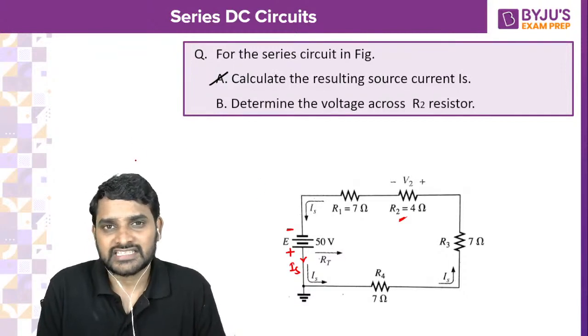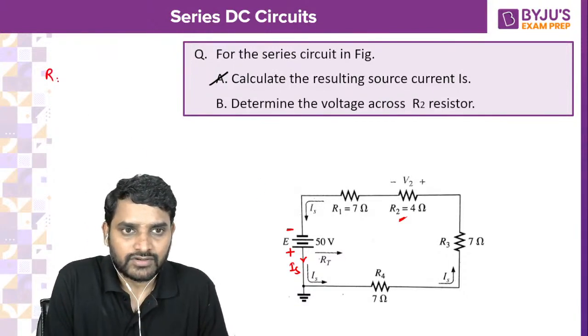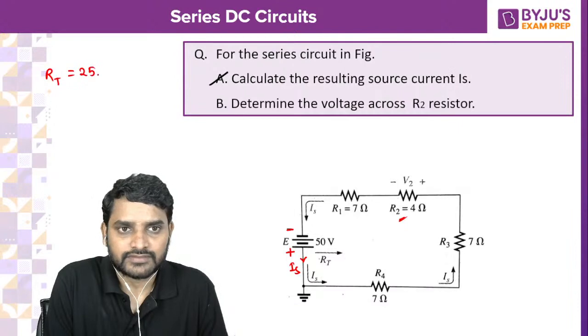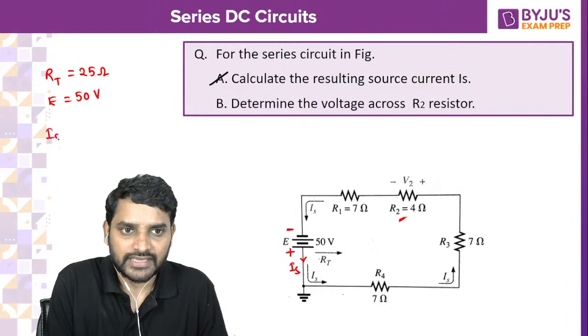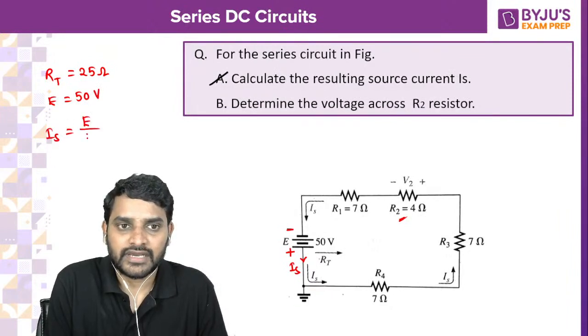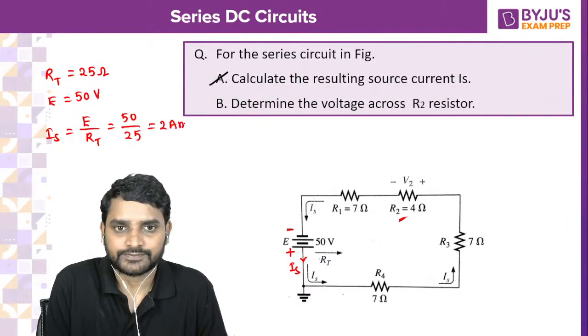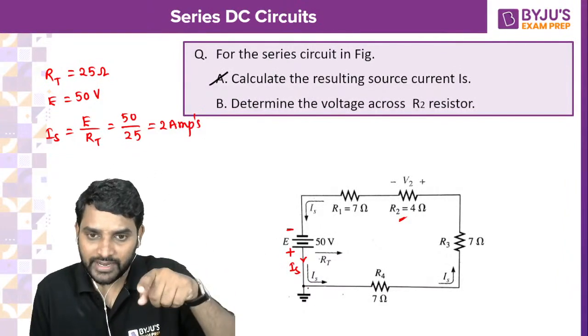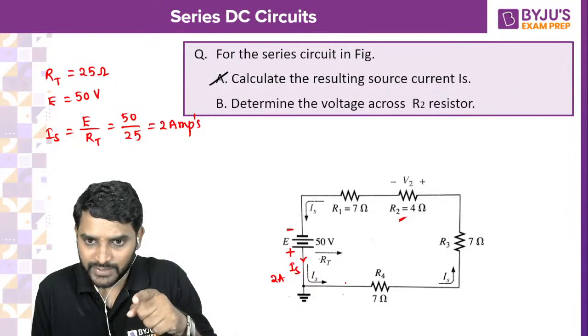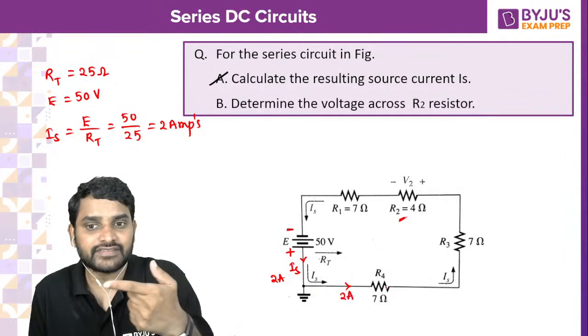You know the total resistance is 25 ohms. Now I have a voltage source E of 50 volts. The current will be Is equal to E by RT, so 50 divided by 25, you get 2 amperes. So this voltage source is going to deliver 2 amperes. Now the 2 amperes is going to flow through each and every resistor.